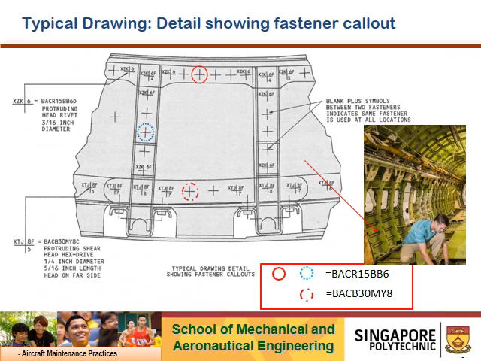So this is the one that I'm referring to. Aircraft drawings. This is just one small section of an aircraft drawing. In fact, if you look carefully on the right here, this picture is the aircraft interior, the cabin, where all those aircraft panels have been removed.